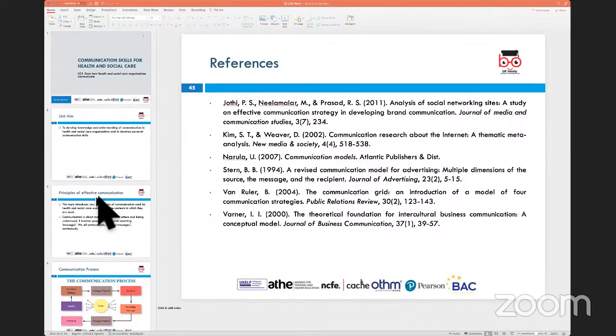What I would do is, when you go up to Moodle, there are a couple of handouts there. One on the theory of the communication model, and one particular handout, which is like an extract from an ebook, which talks about communication models and the theory of communication within health and social care.